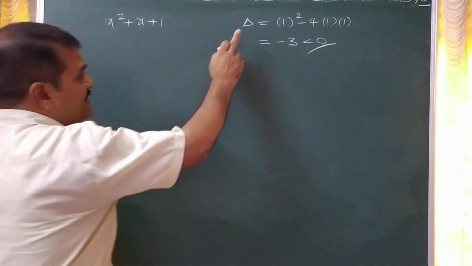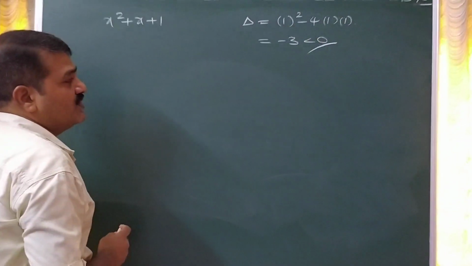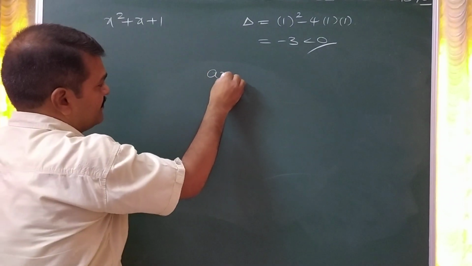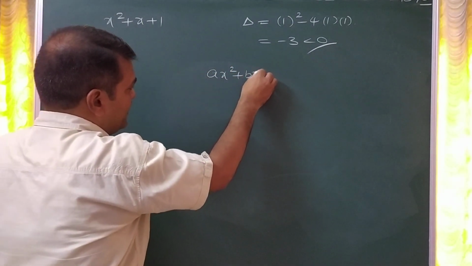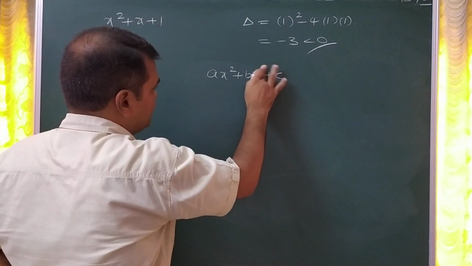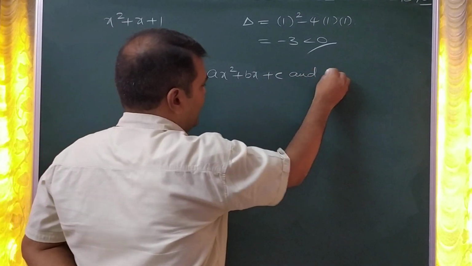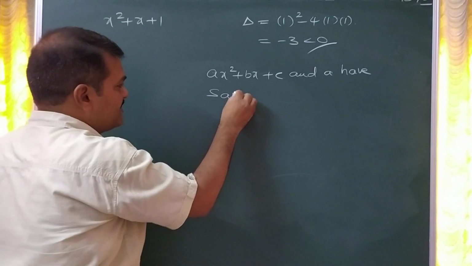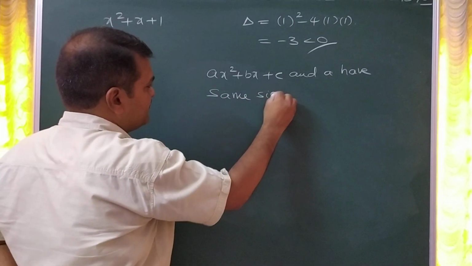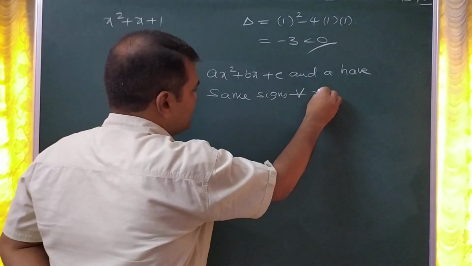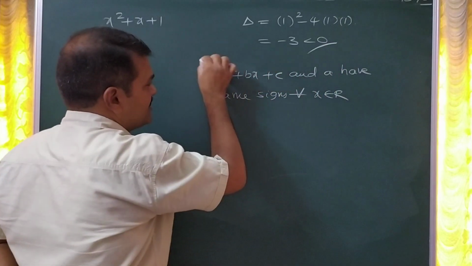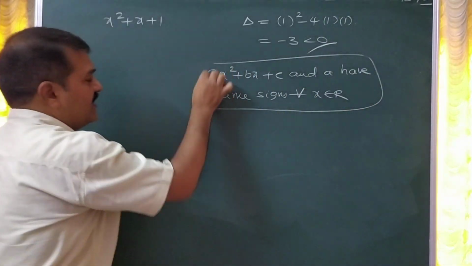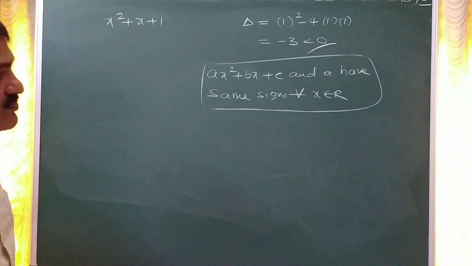If delta is less than 0, what is the condition? Ax square plus bx plus c and a have the same signs for all x belongs to R. This is the condition for delta less than 0.